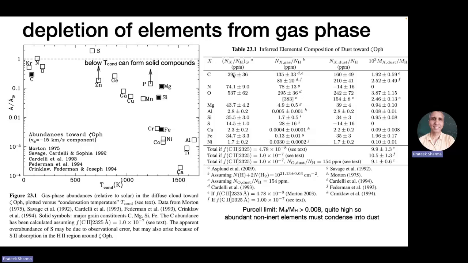That's the number abundance. So 300 times 10 to the minus 6 is the number abundance of carbon relative to hydrogen in the sun, and so on. You can see oxygen is the most abundant in terms of numbers. After that, it's carbon, magnesium, silicon, and iron in the sun.